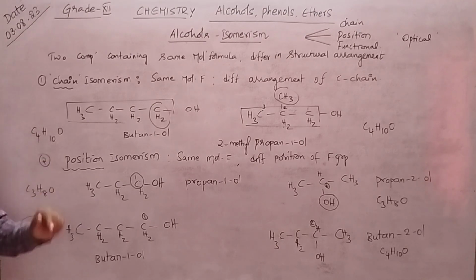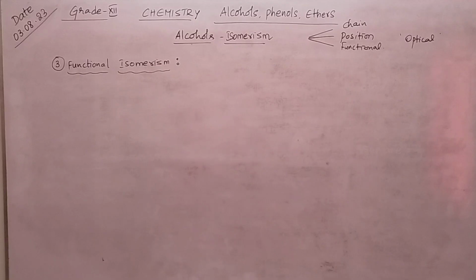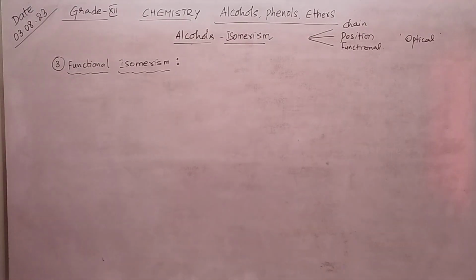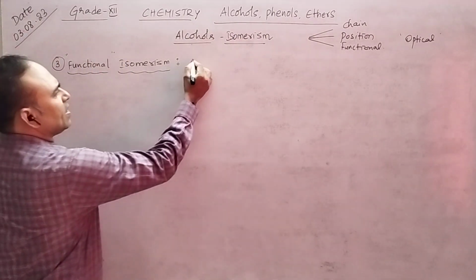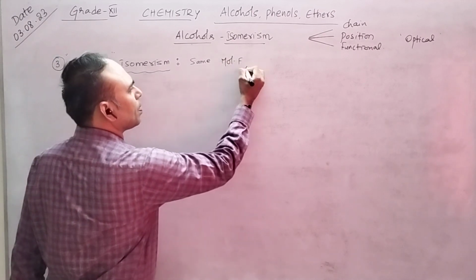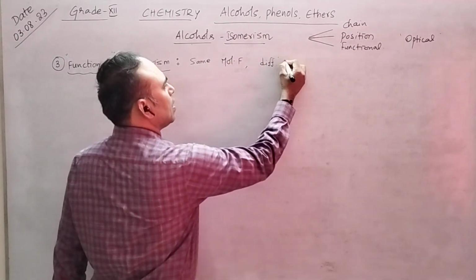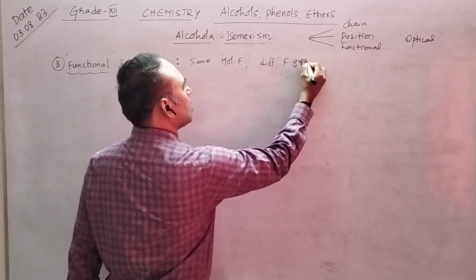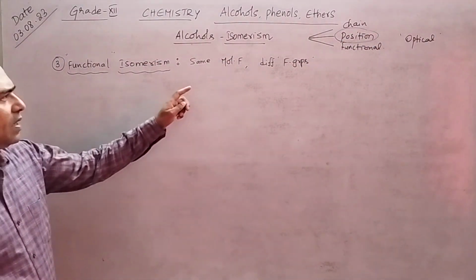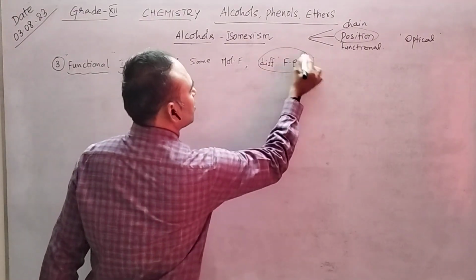Now let us see the last two types of isomers. Now let's discuss about the third type, that is functional isomerism. So here we can say that the two compounds with the same molecular formula, but they are having different functional groups. See, earlier in the position you had same functional group OH, but here you should have different functional groups.